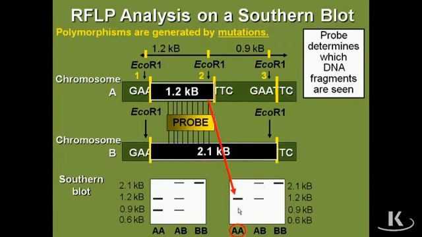Well, clearly it's not this choice, because this choice only has 2 of the 1.2 kilobase fragments. Actually, an individual with this, instead of having the mutation here, both of their copies of this particular chromosome would look like chromosome A here. It would have 2 1.2 kilobase pair fragments.